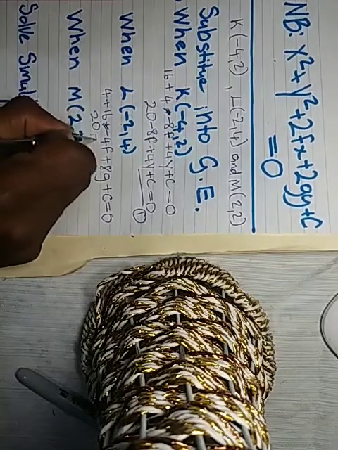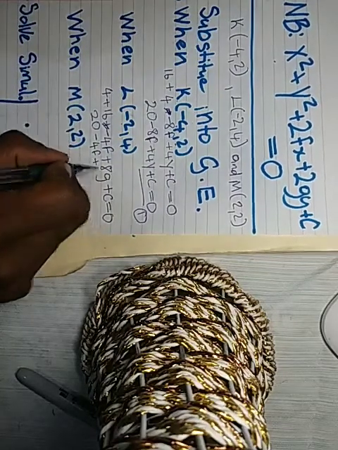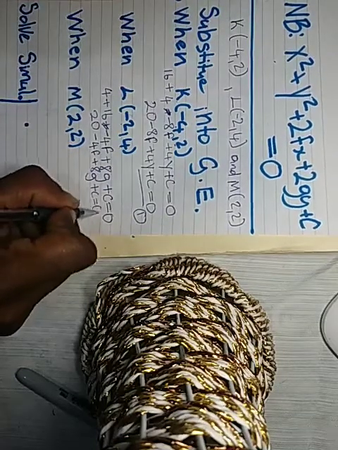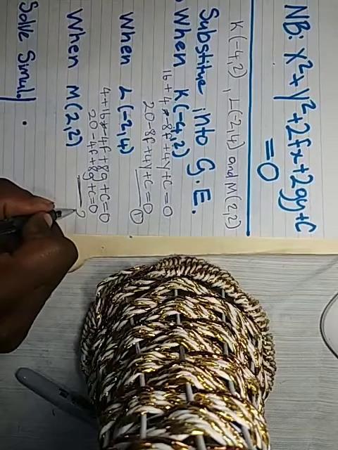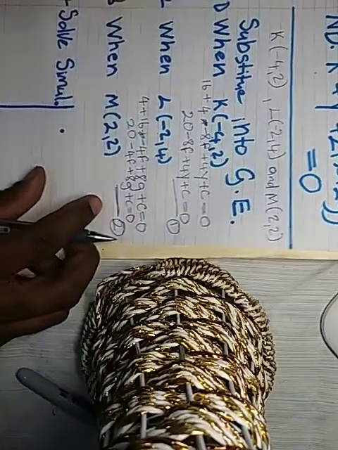Simplify, this becomes 20 minus 4f plus 8g plus c equals 0. And this will be our equation 2.